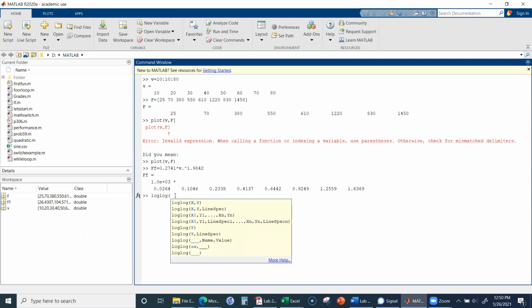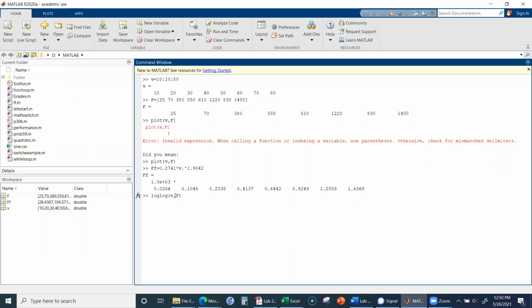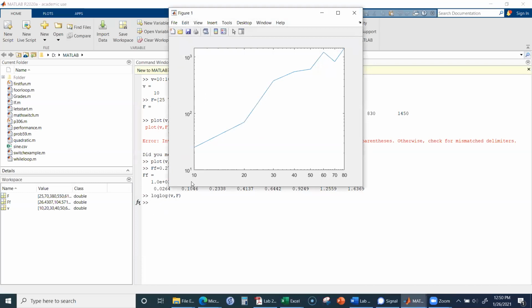So what I want to plot is V and F. I can plot log as V versus F. Okay, so maybe I can see how it looks.